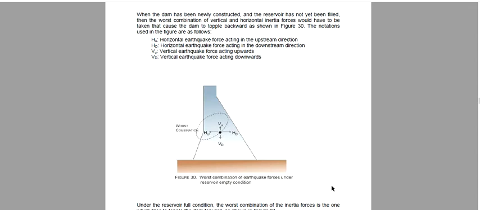Hello, welcome back. In this lecture, we are discussing the worst possible condition, or worst combination, of vertical and horizontal inertia forces over the gravity dam, in which we are dealing with the horizontal earthquake force in the upstream direction and the horizontal earthquake force in the downstream direction, as well as the vertical earthquake force in the upward direction and the vertical earthquake force in the downward direction.